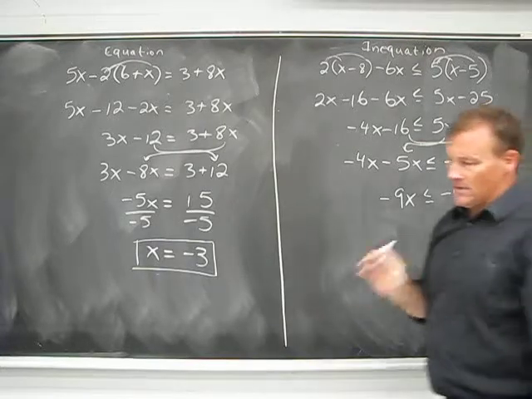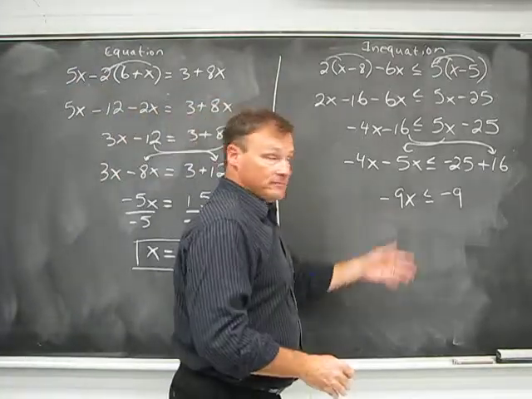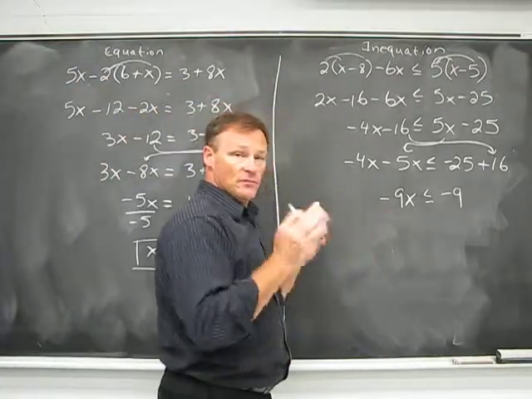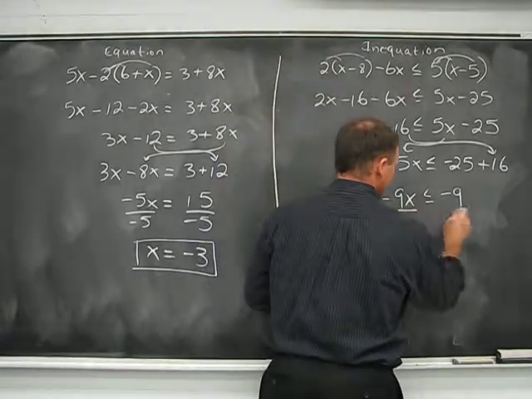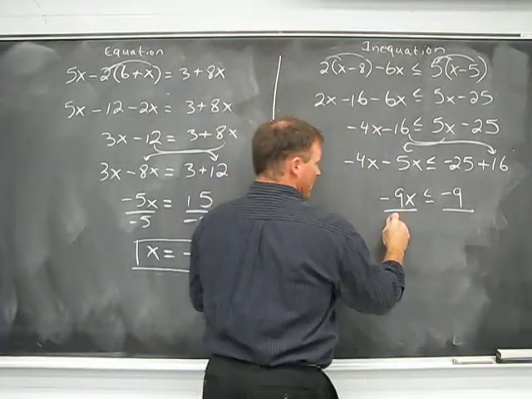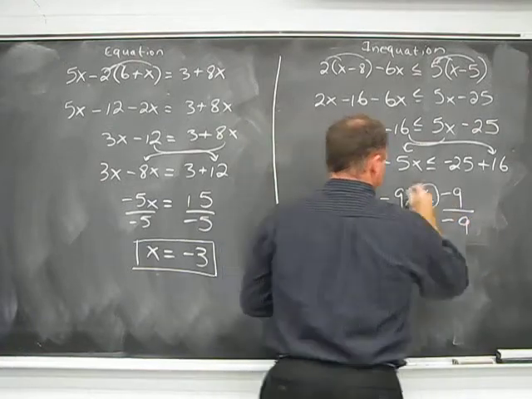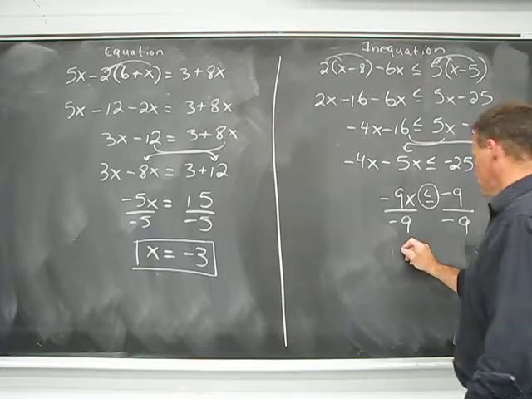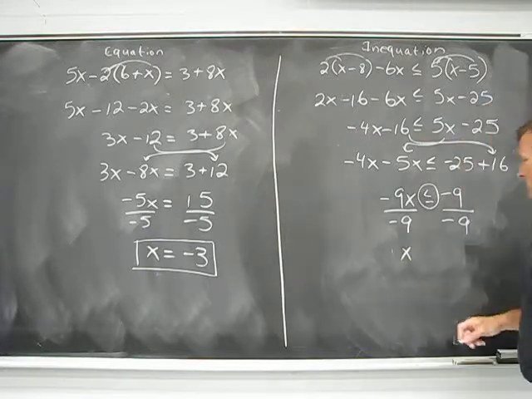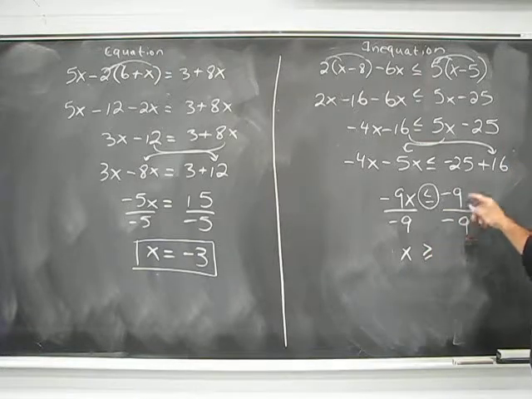Now here's where we've got to be careful. If it's an inequality and you divide through by a negative, you have to reverse the direction of the inequality symbol. In other words, divide by negative 9, both sides, and we're going to circle this, because in the next line we're going to turn that around. X, positive x, greater than or equal to positive 1.